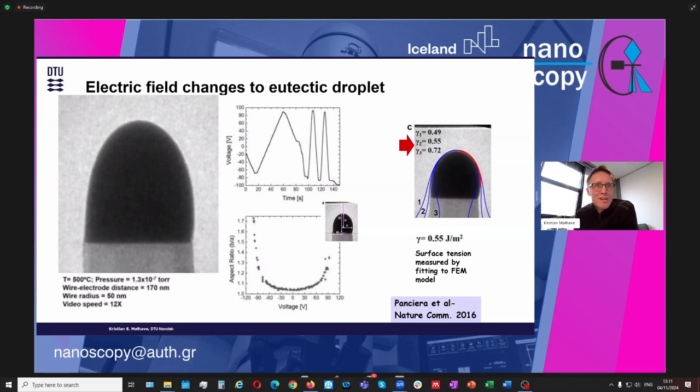But if you want to theoretically understand how to grow nanowires, you really want that surface tension, because it's absolutely fundamental to all models of nanowire growth, and it has never been measured. And from this work with Frances and Federico, we measured the surface tension of silicon nanowire gold eutectic and found that value. We're just updating it to a new one.